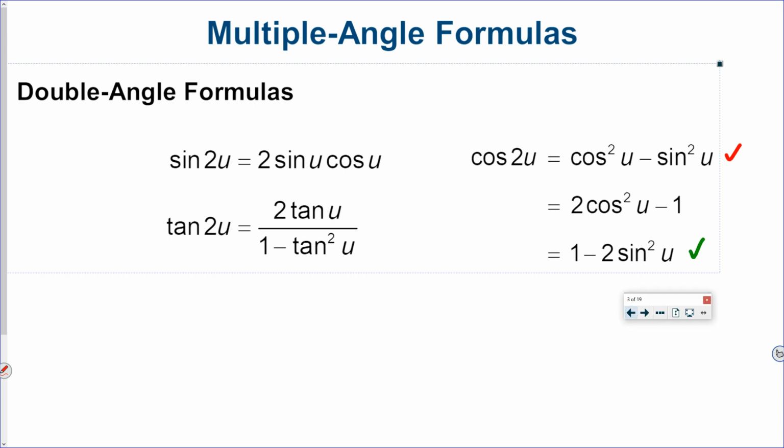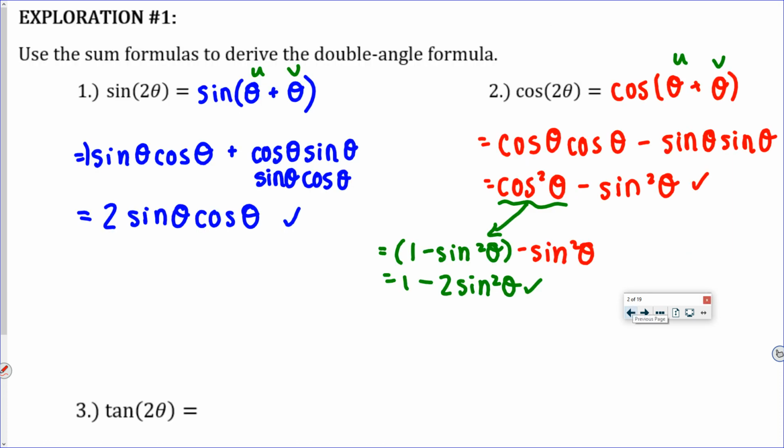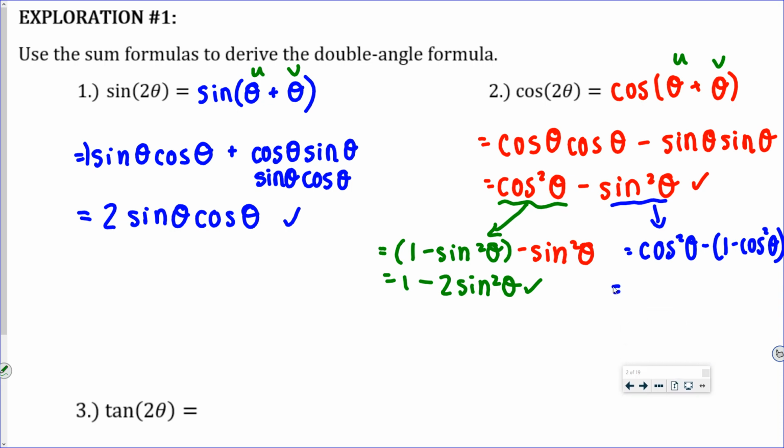Okay, so where this one comes from is if we change the sine squared into terms of cosine. So I could keep that first cosine squared the same. I could change that sine squared to 1 minus cosine squared. Pythag identity, same idea here. All right, so here I have cosine squared of theta minus 1 plus cosine squared of theta.